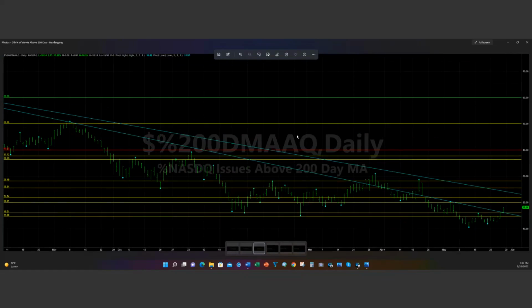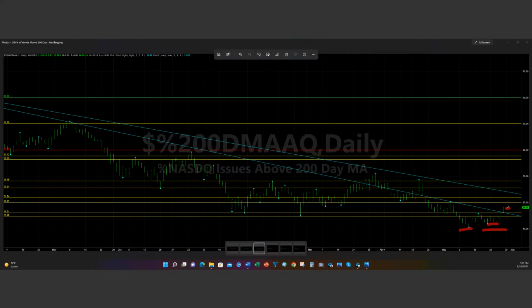Now, here's the percentage of stocks above their 200-day moving average. This is a daily chart of the NASDAQ. It's getting better. It is getting better. We were down here in straight up bear market territory. Okay, we were down here below 15, started getting down near 10% of the NASDAQ above its 200-day moving average. We were starting to get way down there.